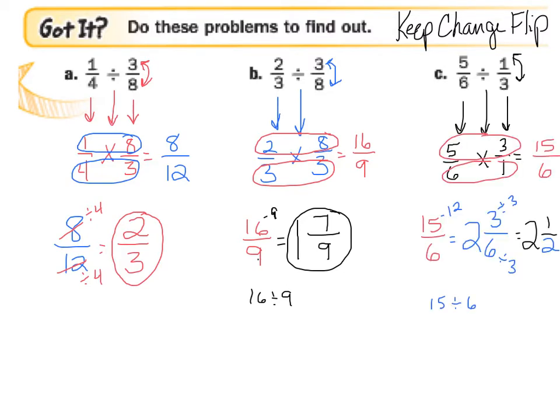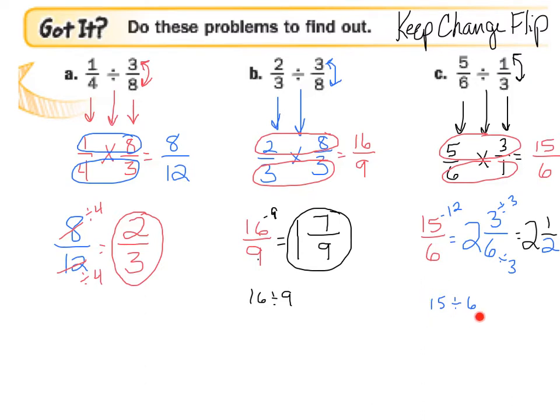Okay, so hopefully you got the final answer of 2 1/2. This one was difficult. There's a lot of steps at the end. It's not like they're hard numbers, but there's just multiple steps. You need to bring down the 5/6, change division to multiplication, use the reciprocal of 1/3, which is 3 over 1, and you get 15/6, which is improper.